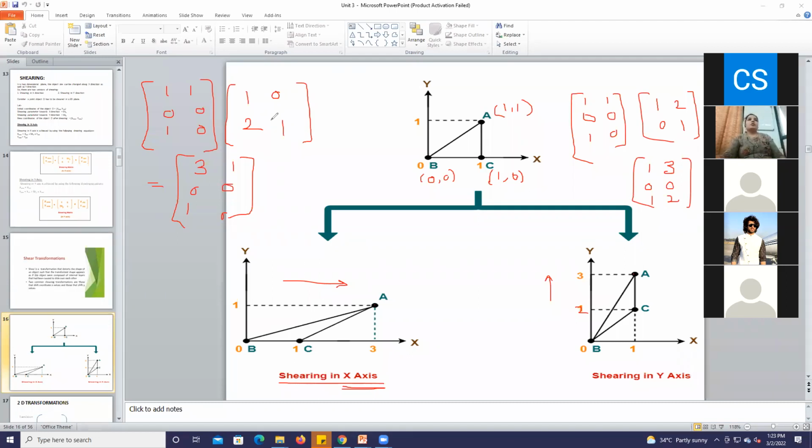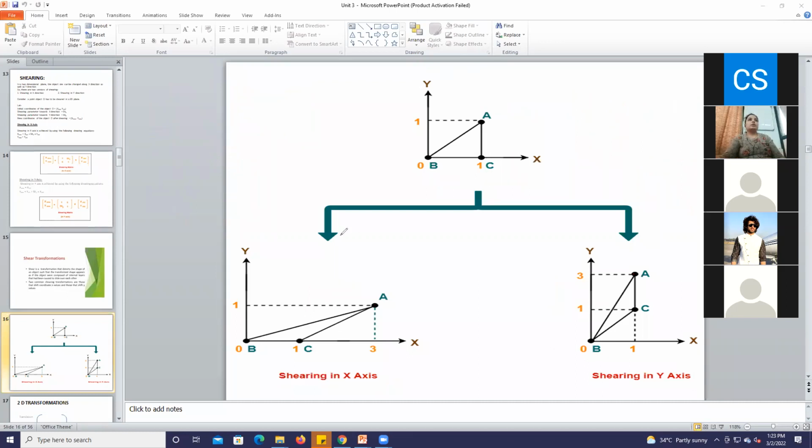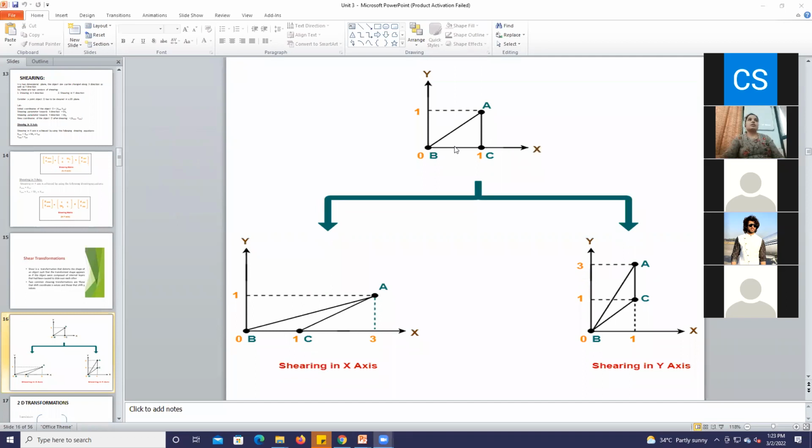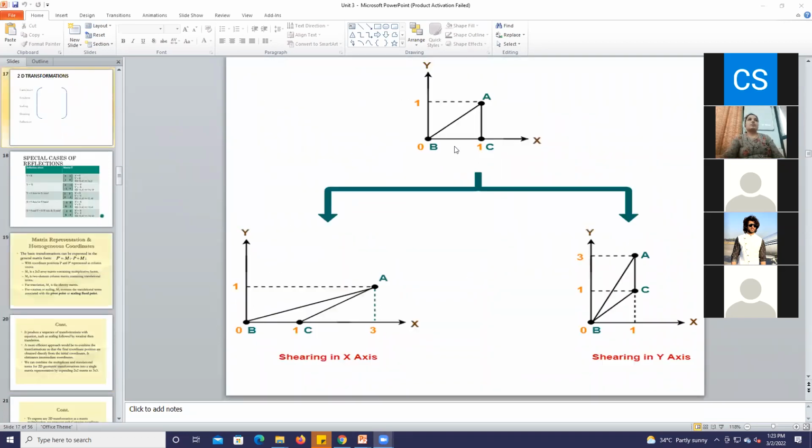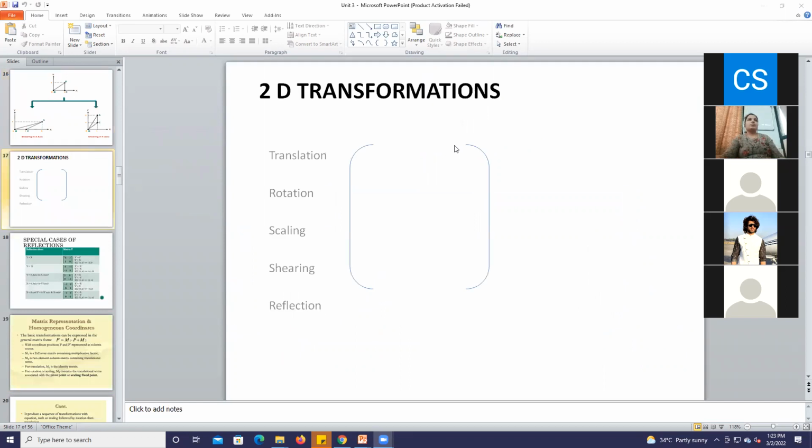Good. So that is about the shearing. And now we will see the next bit that is called combined transformation. Okay, so before going to combined transformation, we will revise the T matrices of all the transformations. So this slide will be important for you.